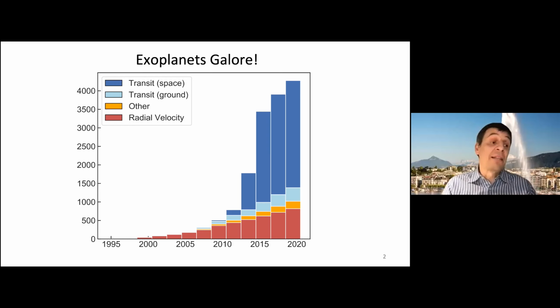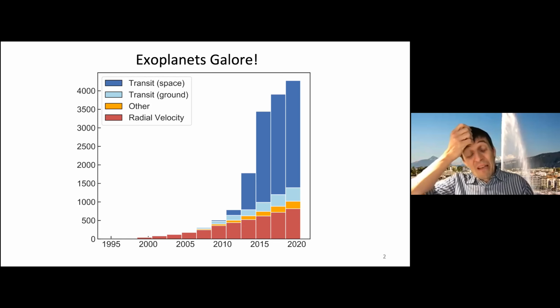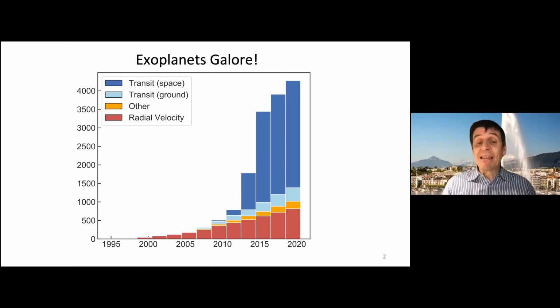But actually, it's even more profound than that, because we have built, essentially in the past 100 years, an understanding of the solar system with our own planets. We built an understanding also of the formation scenarios, and we come to a situation where a lot of what we've learned from the solar system needs to be revisited and expanded.